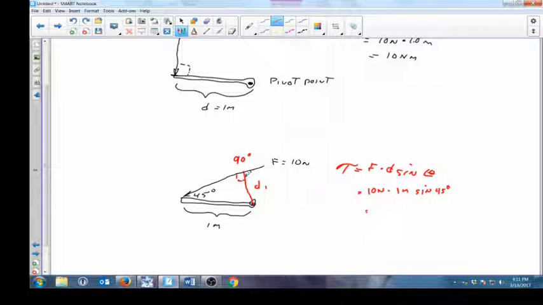Our force is still being applied. It's actually being applied to this spot, but the effect is though we're applied to a distance that is much shorter now. So the solution becomes 10 newtons times 1, and the sine of 45 is 0.707. End result is our new torque is 7.07 newton meters.